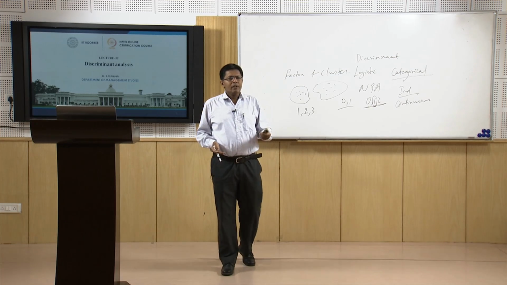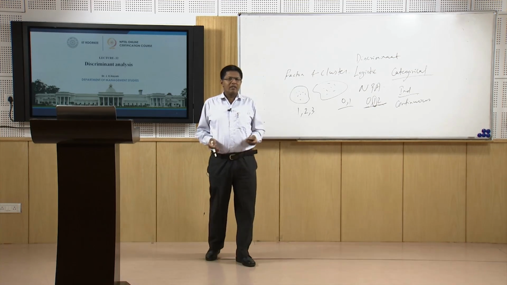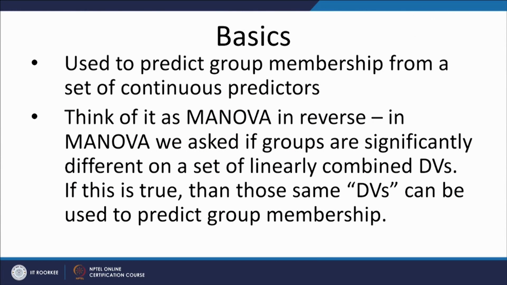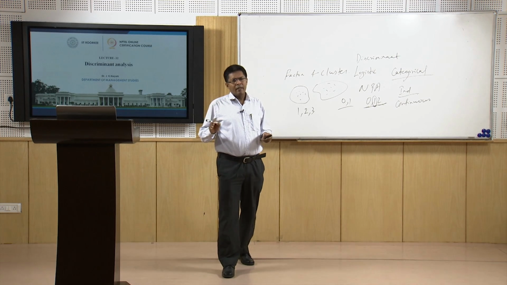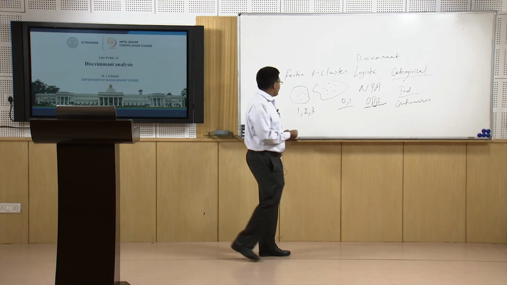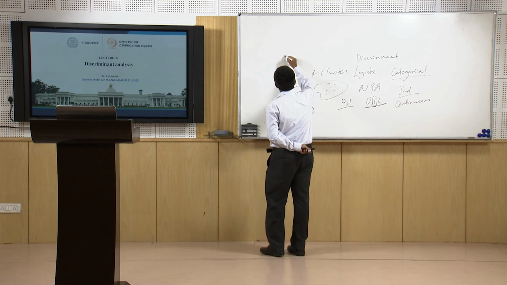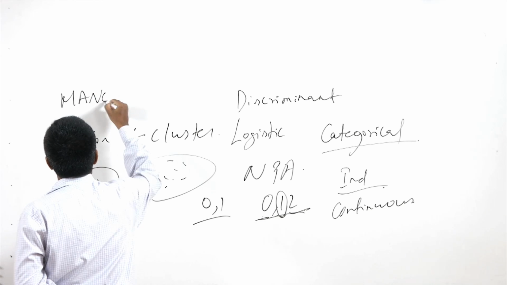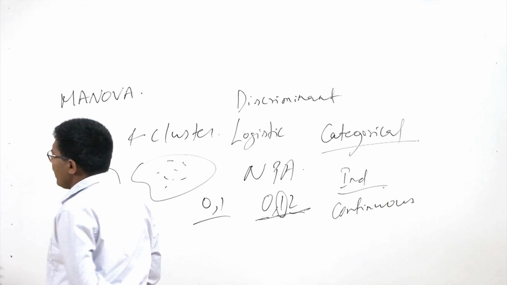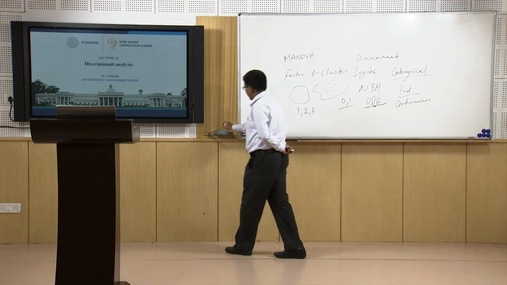Okay. So, some of the basics: it is used to predict group membership from a set of continuous predictors, right, that is what we have discussed. Now the beauty is that, if you remember, another technique which we had discussed was called MANOVA, an extension of ANOVA. What were we doing in MANOVA?